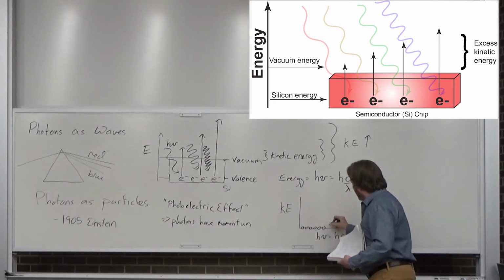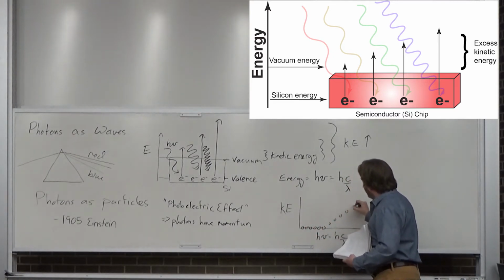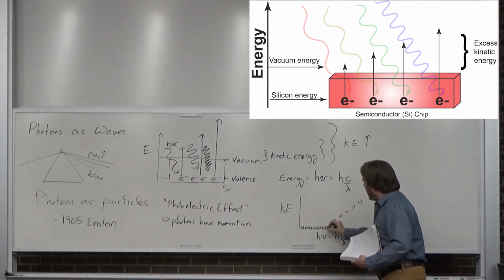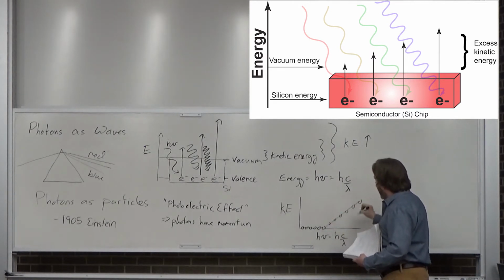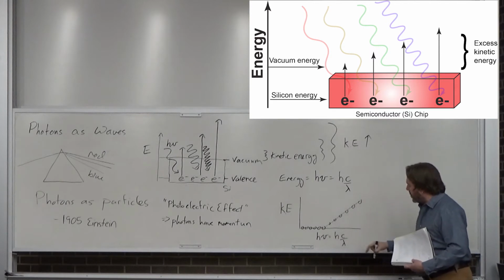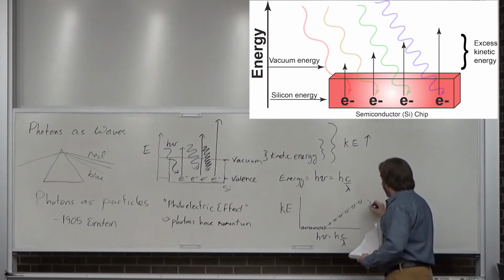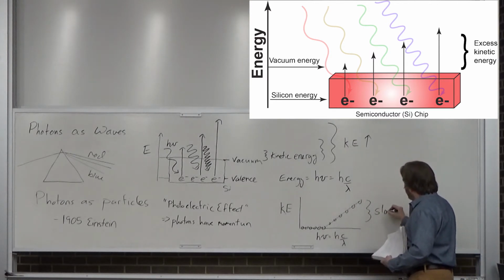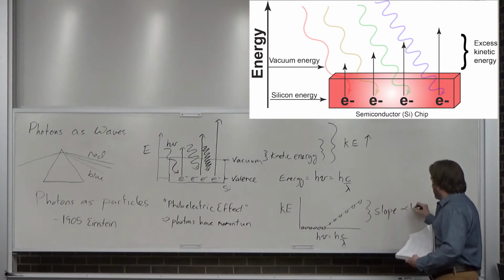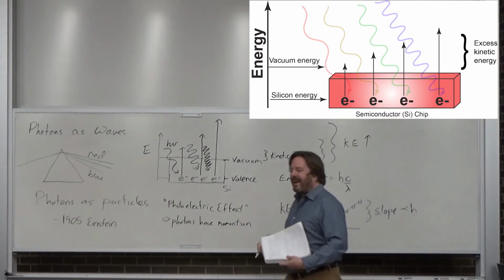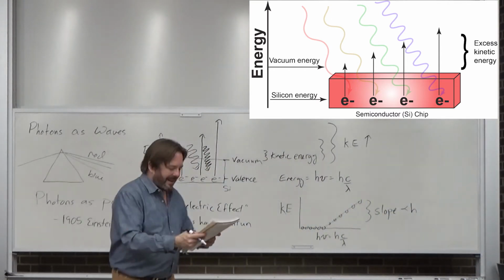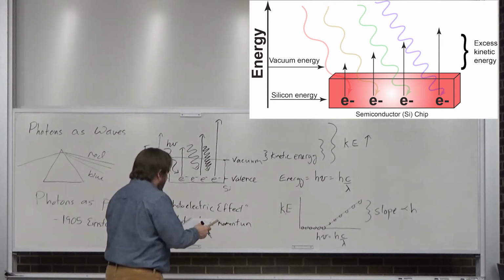And then, bam, it just kicks in. All of a sudden you see electrons and their kinetic energy increases as you go to higher frequency or shorter wavelengths. And guess what the slope is? Right, the slope is proportional to Planck's constant. And so that's how we know what Planck's constant is. I just thought that was kind of neat.